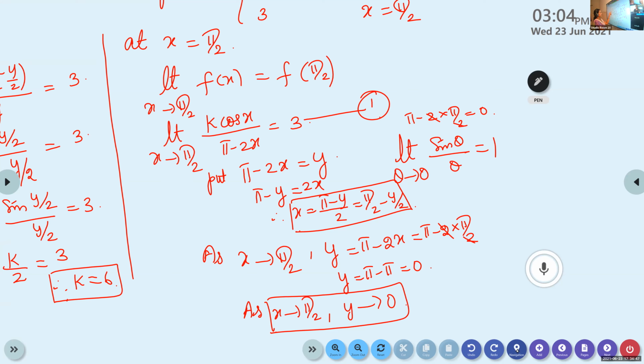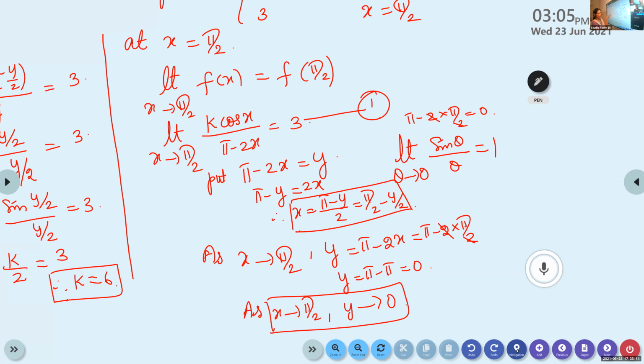Now we substitute for pi minus 2x. Pi minus 2x is substituted as y. Therefore, pi minus y is 2x, so x is pi minus y by 2, which we can write as pi by 2 minus y by 2. We are converting everything in terms of y.